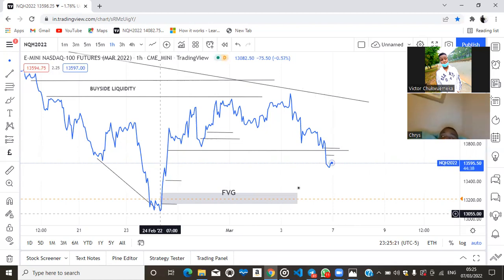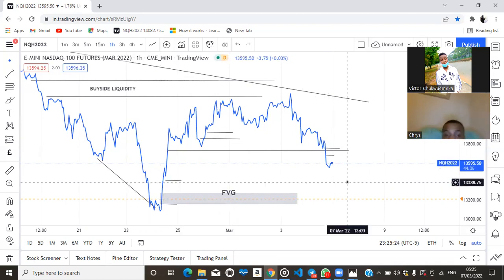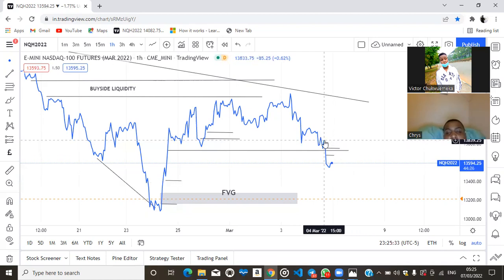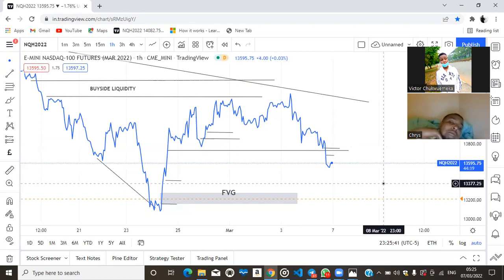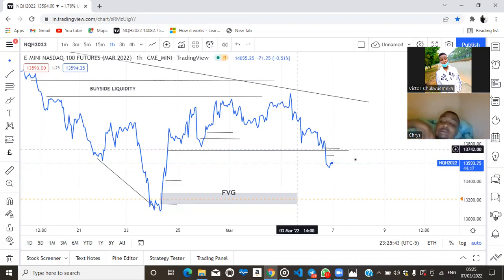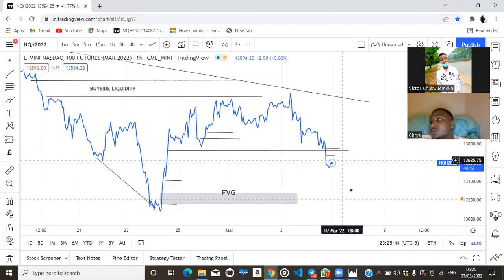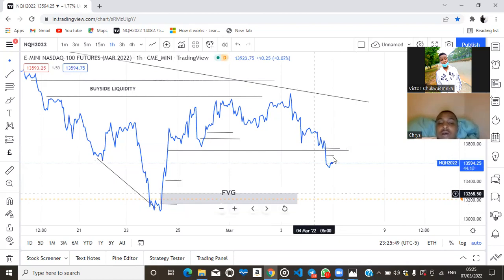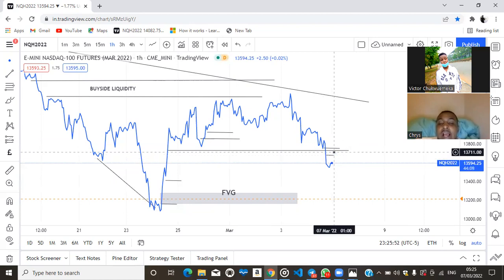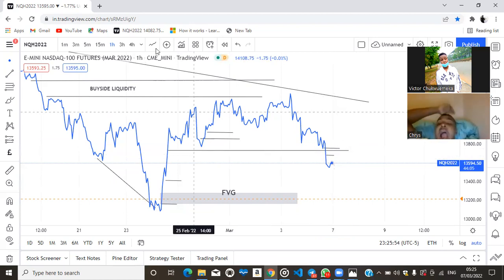Looking for sells on the breaker, stop loss above this high. But it could possibly push lower at times. It can just keep dropping straight to this, or it can come back to this breaker.